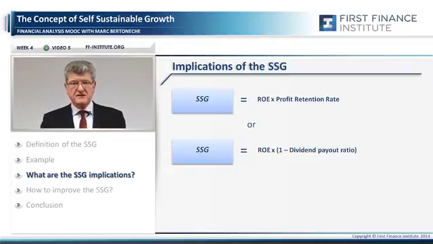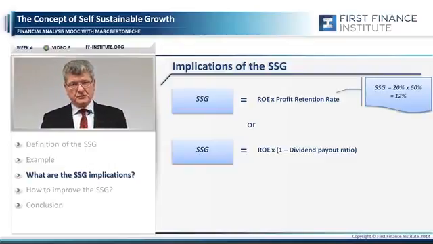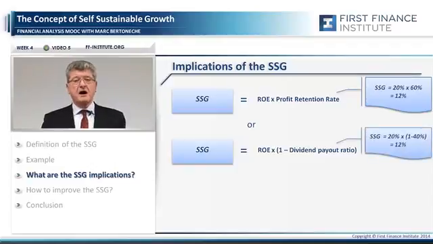In the example that we gave, self-sustainable growth is equal to ROE, 20%, multiplied by the profit retention rate, 60%, 0.6, which gives the 12% that we found earlier. Or self-sustainable growth is equal to ROE, 20%, multiplied by 1 minus the dividend payout ratio, 1 minus 40%, which gives, again, the 12%.